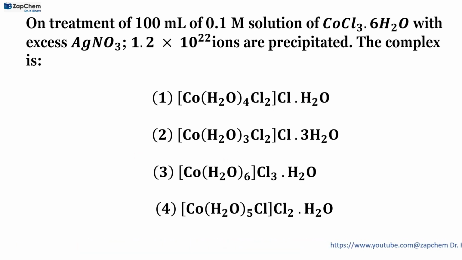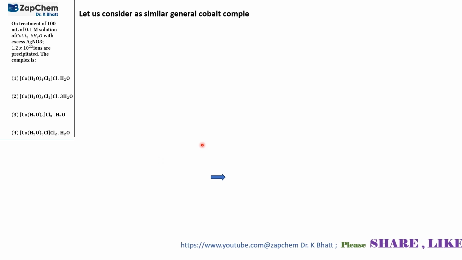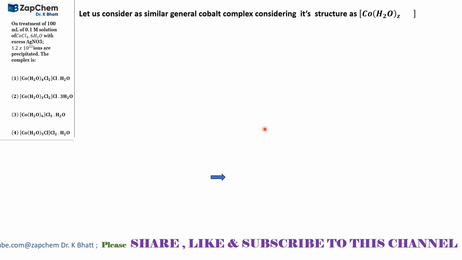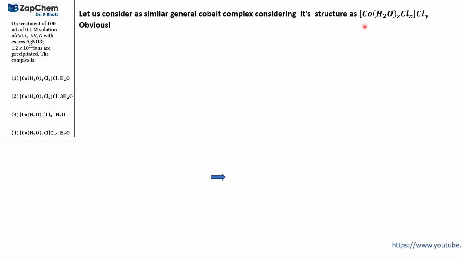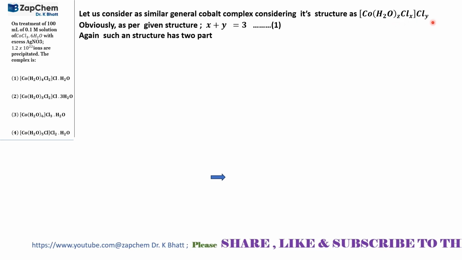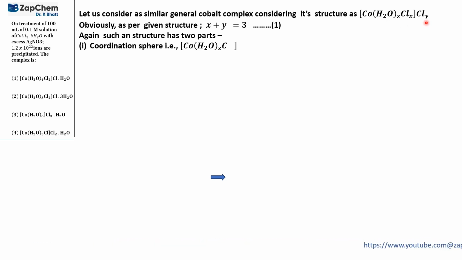So in such cases, the best strategy is to start with a general structure of such a complex. And we can assume the general structure of this complex as [Co(H2O)x Cly] within the coordination sphere and Cly outside the coordination sphere.